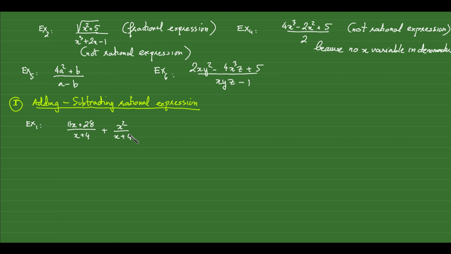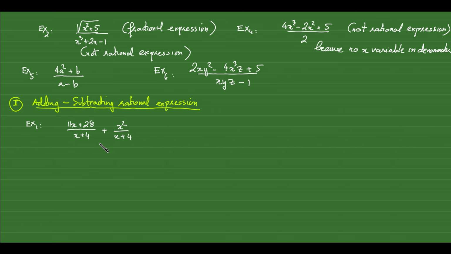Alright, so what do you see over here? You see that we have two fractions, and the denominator is x plus 4, and over here also x plus 4. So this is the same denominator.